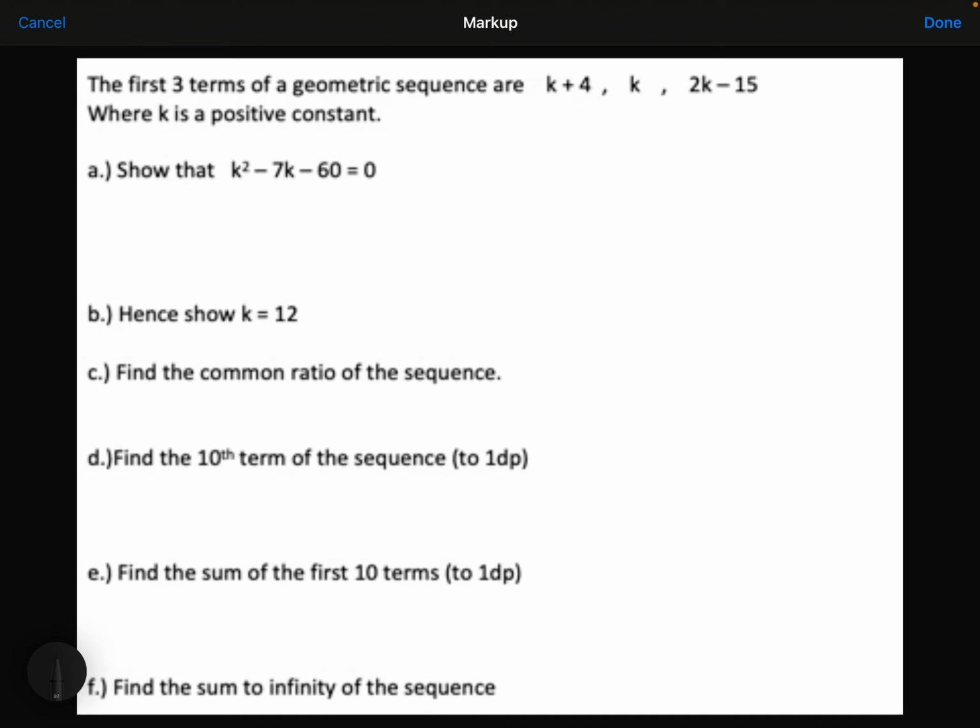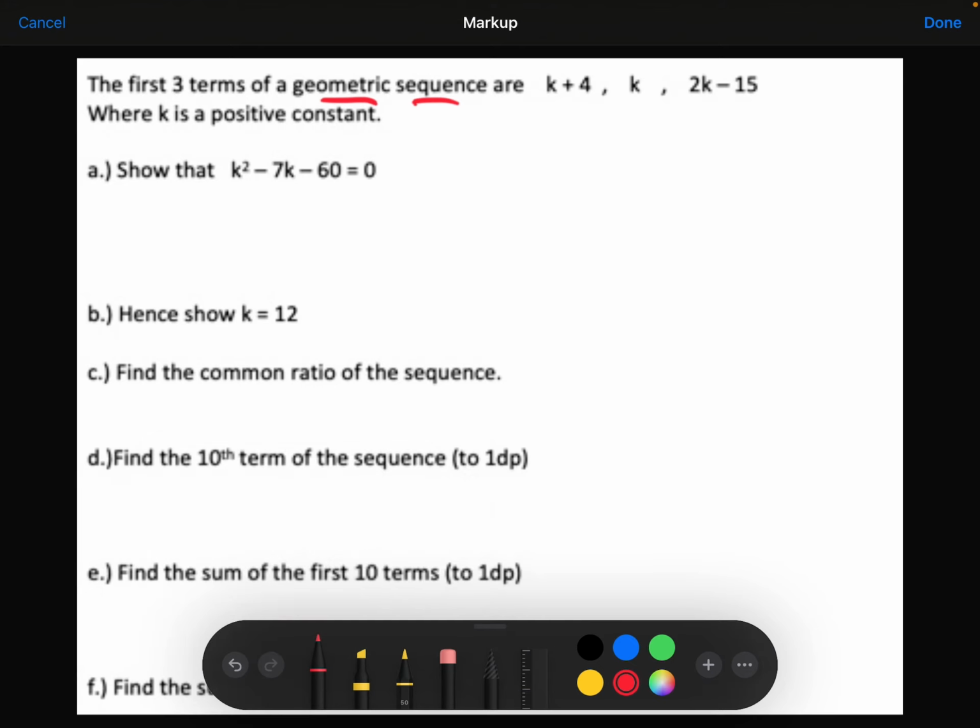Because it's a geometric sequence, I know that I'm multiplying by the same amount each time. They have a common ratio. So I know k plus 4 times r is equal to k, and I also know that k times r is equal to 2k minus 15.